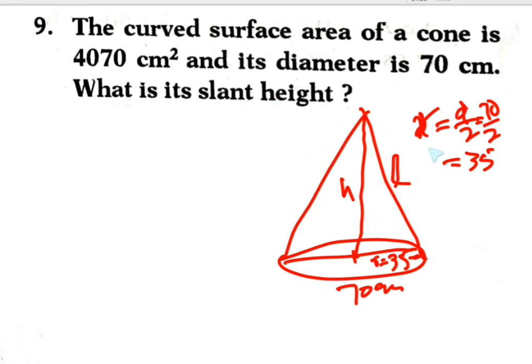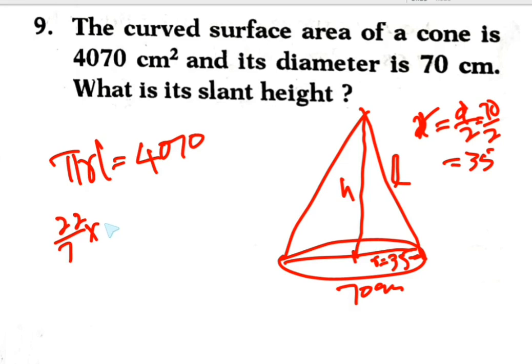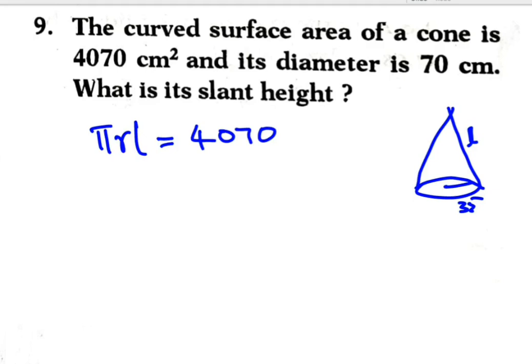From this we know that the curved surface area of the cone is pi r l, which is equal to 4070 as given. R equal to 35. So 22 by 7 into 35 into L is equal to 4070.